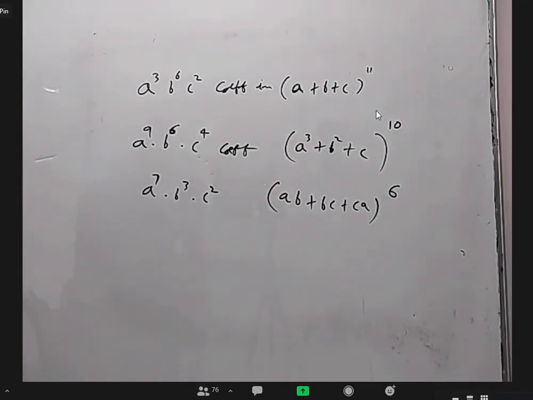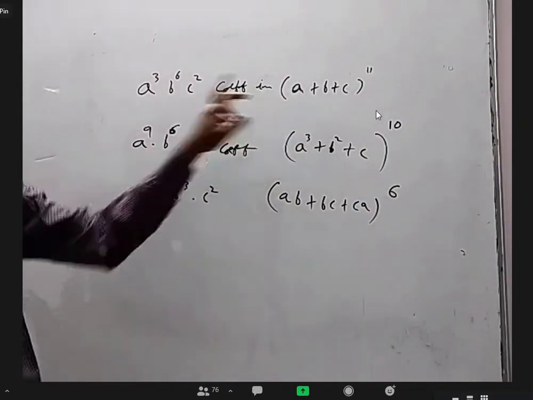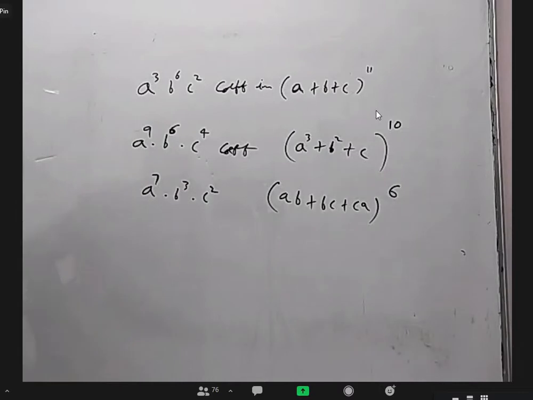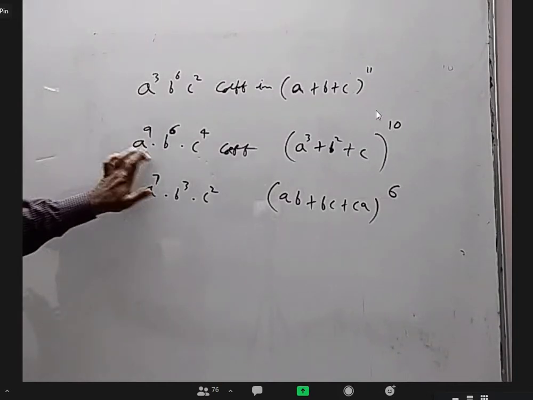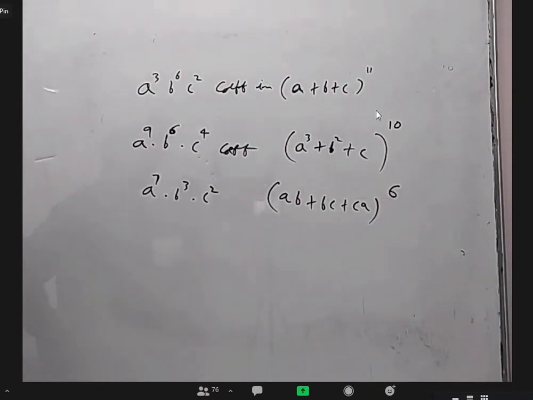Okay. Anybody want to tell me this? In the first question, what is the answer for this coefficient of this? 11 factorial by 3 factorial into 6 factorial into 2 factorial. Yeah, that's okay. In this, what is the coefficient of this in the second one?